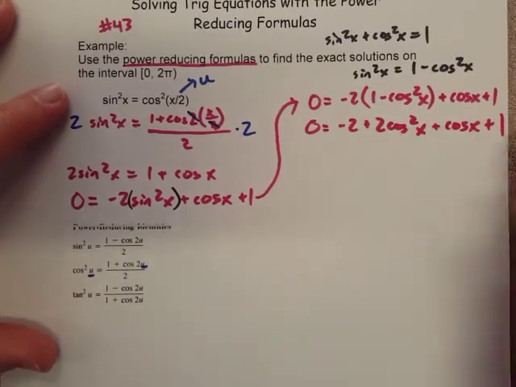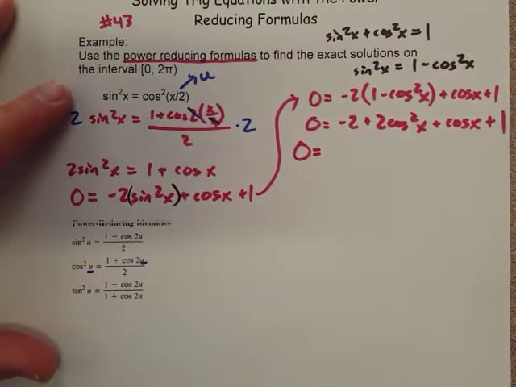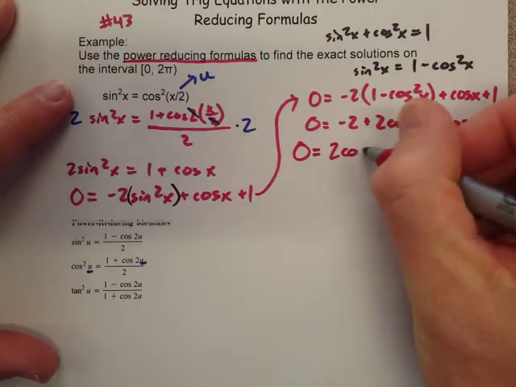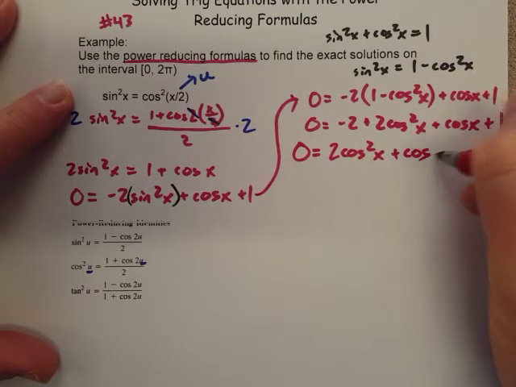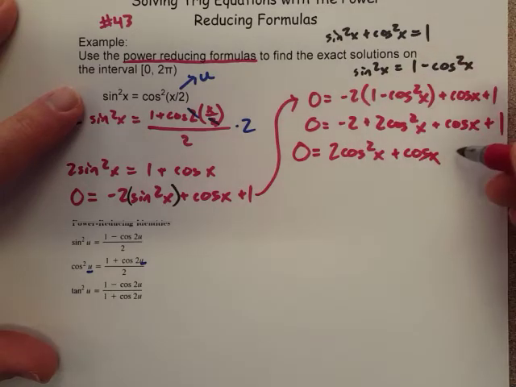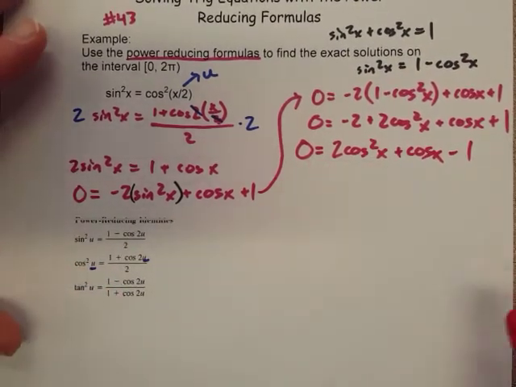Then, of course, we need to combine like terms. Let's write this all in standard form in the correct order. And so then the 2 cosine squared is going to go first. Cosine is going to go second. And then we have actually -1 right here. So we've got this now written in standard form.